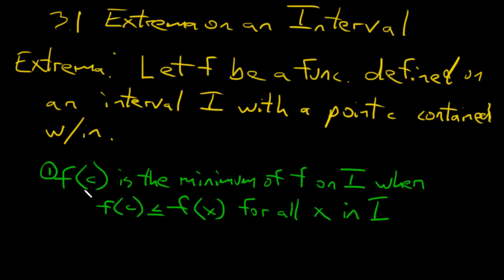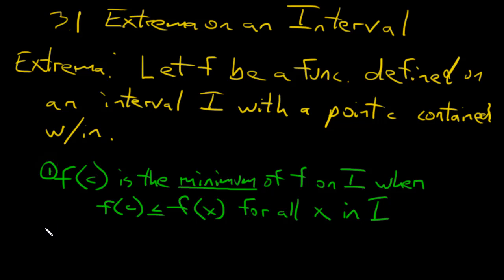And that makes sense. So f of c is the minimum of f on I. It is the minimum y value for the whole function on I when that y value is less than or equal to all the y values for all the x's that are in I. Now that makes a lot of sense.